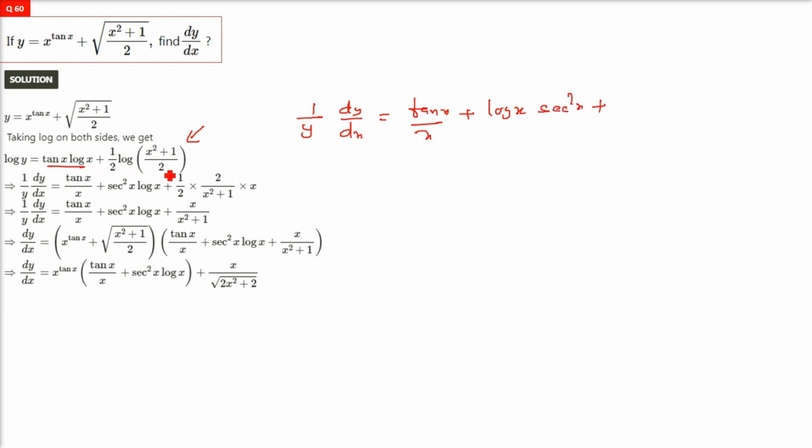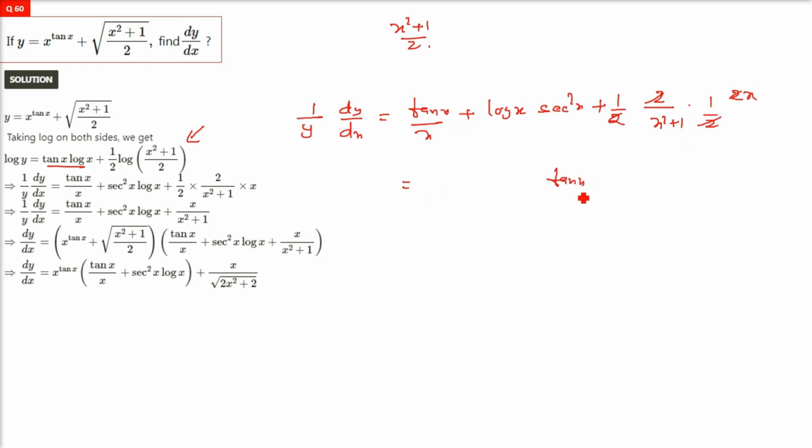Plus, now half log x square plus 1 by 2. Half will remain like that. Now log of anything p by q will be q by p. So it will be 2 by x square plus 1. Now differentiation of x square plus 1 by 2. So 2 will remain here. x square plus 1 is 2x. So all 2 gets cancelled.